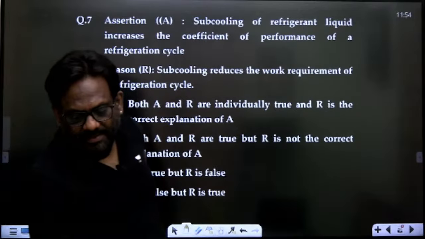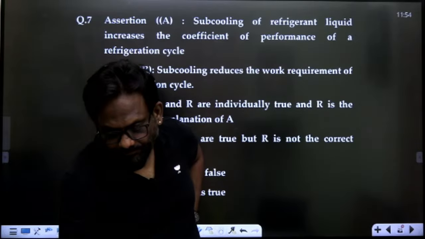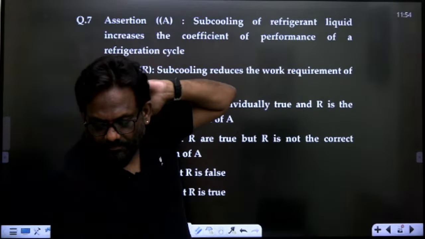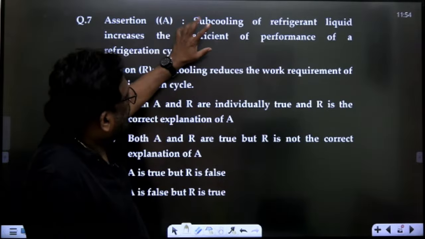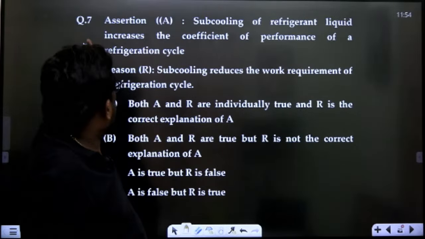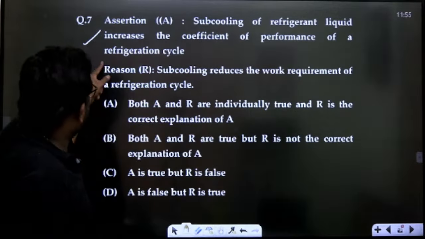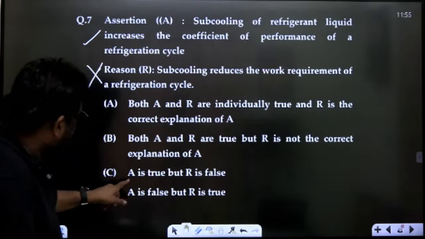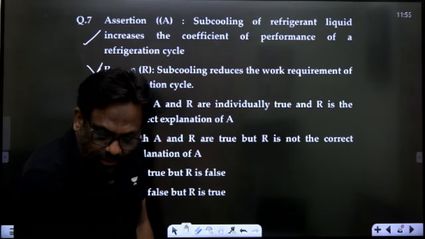Is that statement correct or wrong, sir? Absolutely correct. Subcooling reduces work input. Nah, subcooling has no effect on it. So assertion is true, reasoning is false. So option C is the correct option. Is it okay?